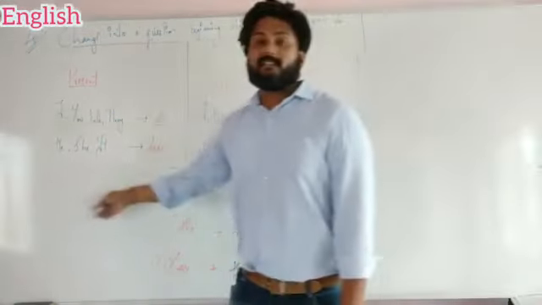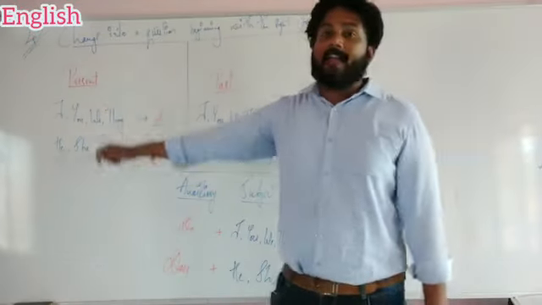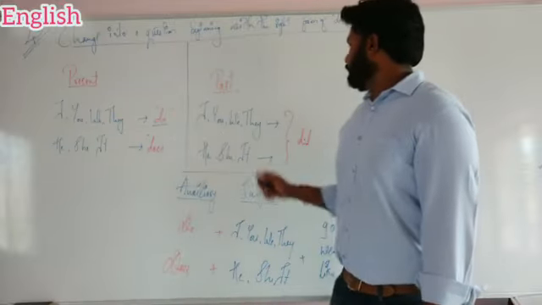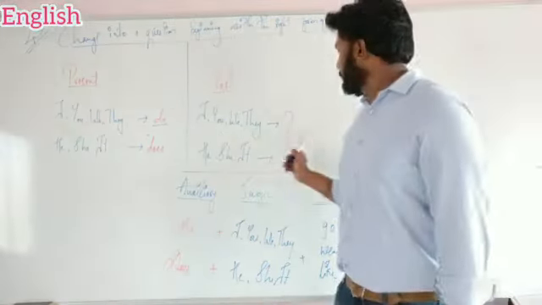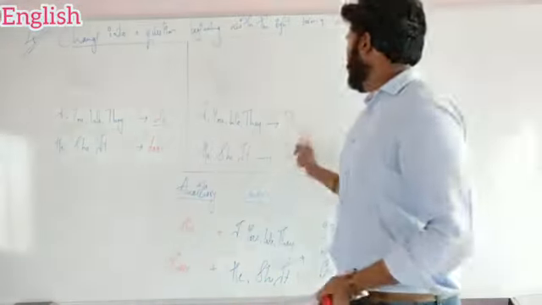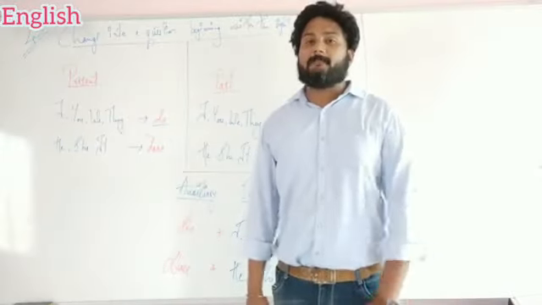This is the present statement chart. And in the past, if the subject is I, we, you, we use did. And for he, she, it, that also we use did. This is the present and past chart that follows.